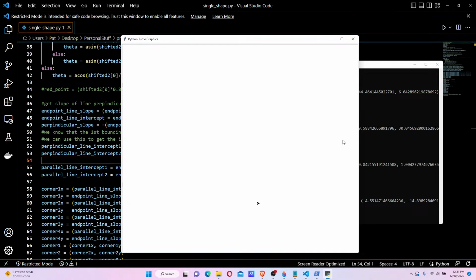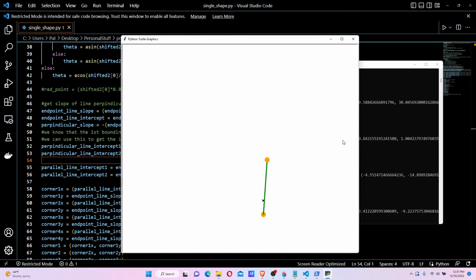Gonna run it a few more times to make sure. And now that's the issue. So it depends on how horizontal it is.